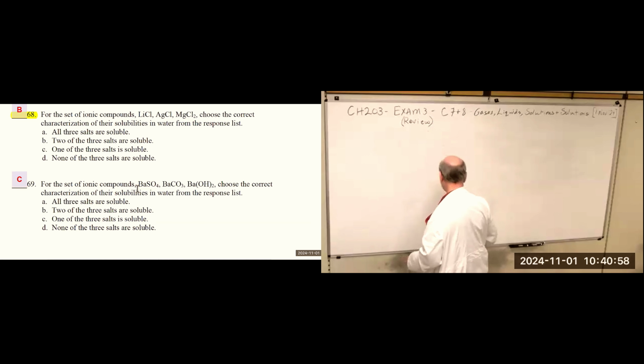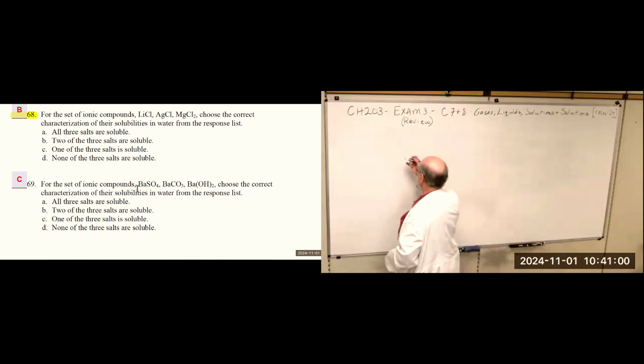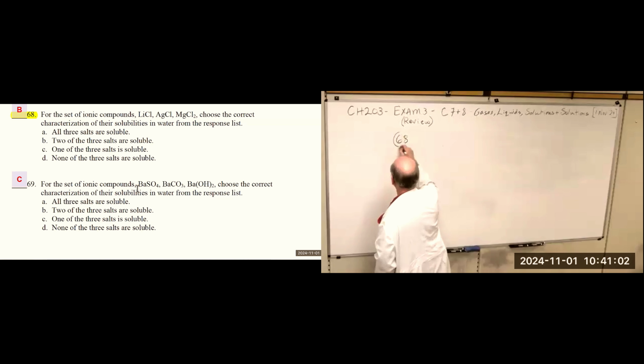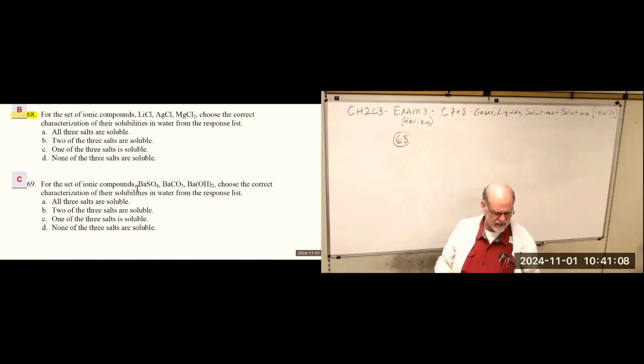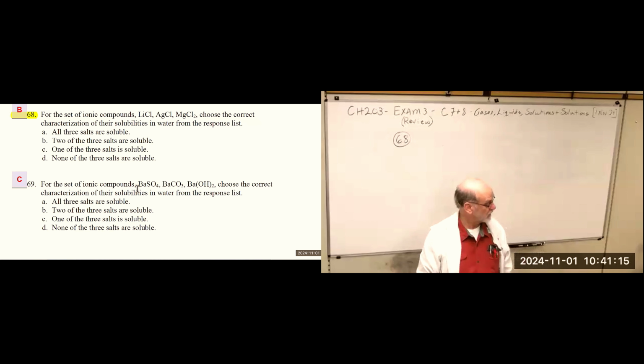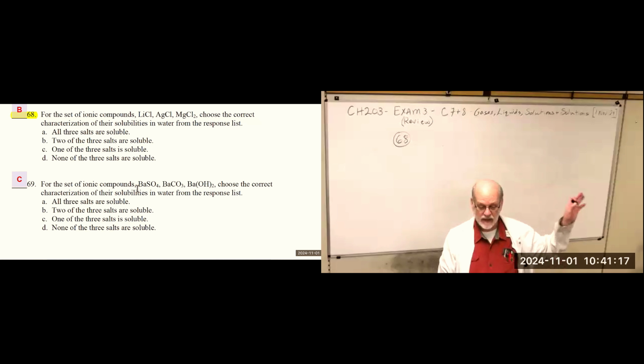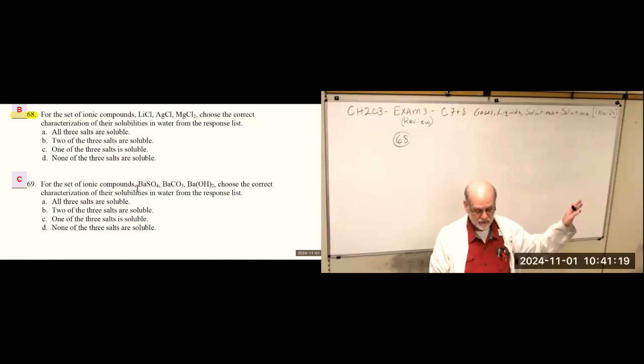68. For these compounds, lithium chloride, silver chloride, magnesium chloride, choose the correct characterization of their solubilities in water. Well, I know silver chloride is not soluble. Lithium is an alkali metal, so it's soluble.